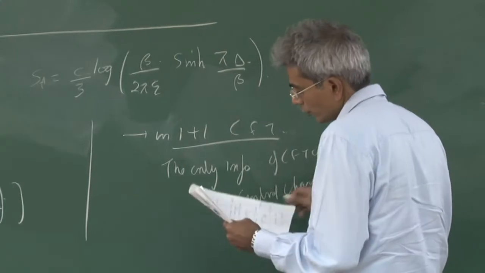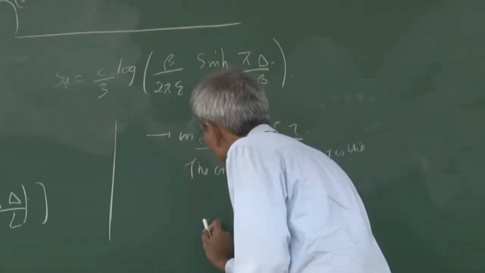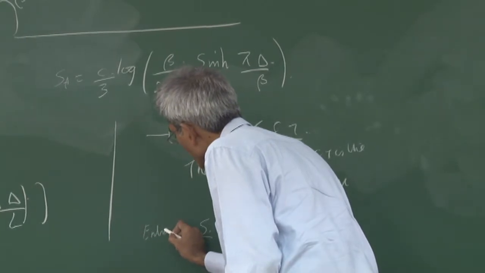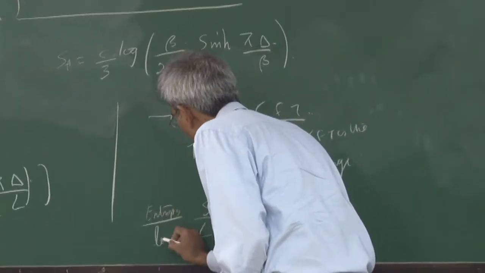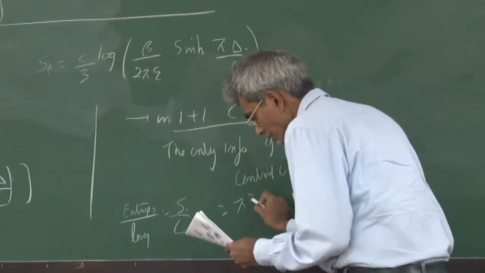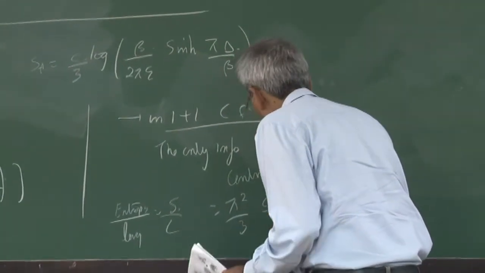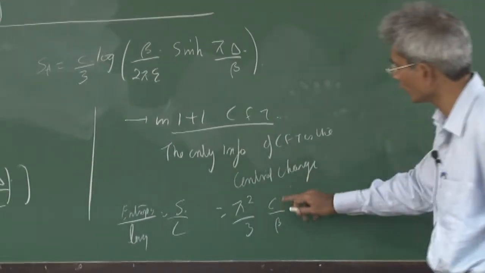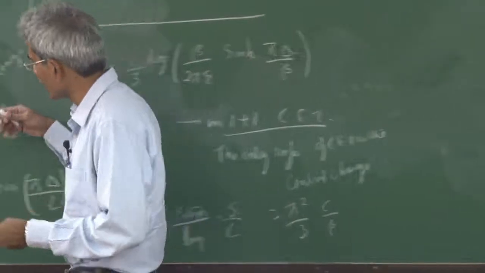which is similar to what you will get, for instance, if you compute the entropy per unit length of the CFT, and there is this famous formula pi squared by 3 at high temperatures. So, this information is already in this observable.